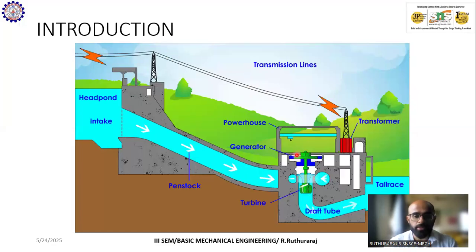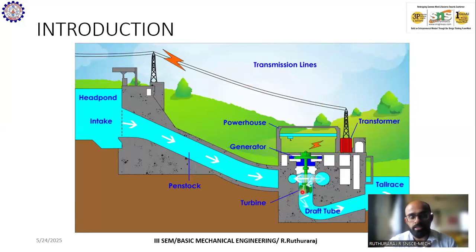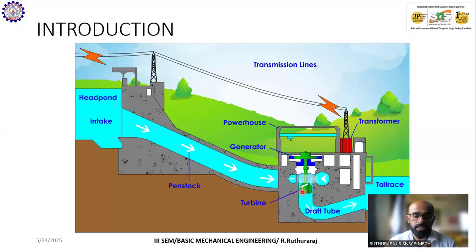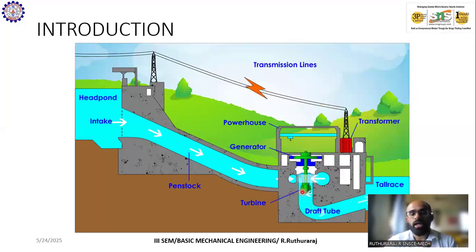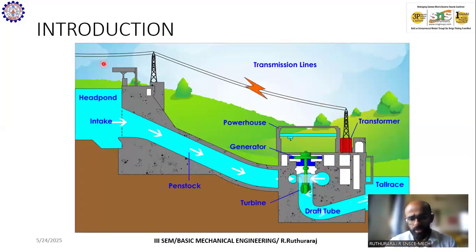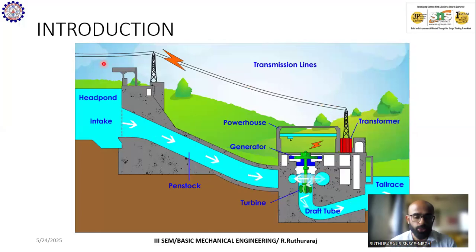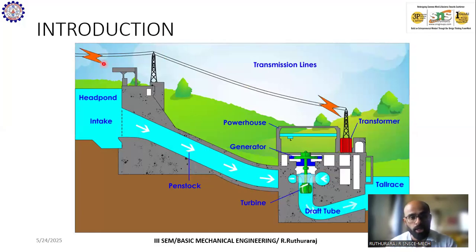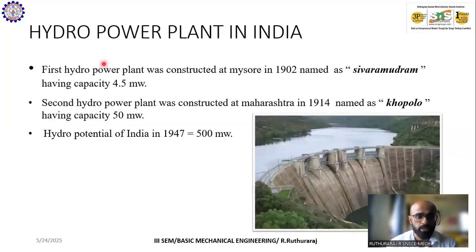This turbine setup will in turn rotate. When it rotates, it is coupled with the generator. That generator will produce electricity, which in turn is used to power the entire electricity supply. So this is regarding the basic outline of a hydroelectric power plant.